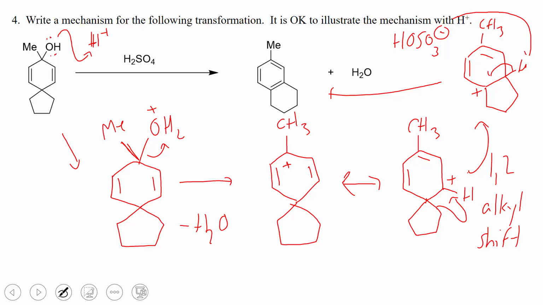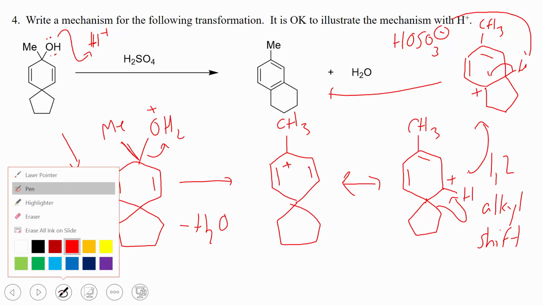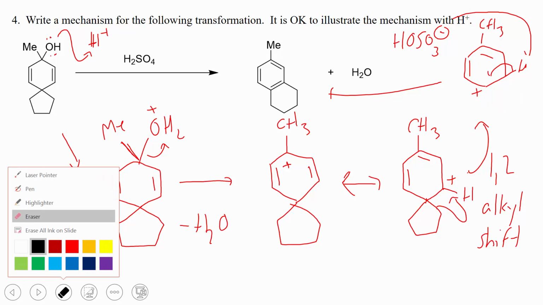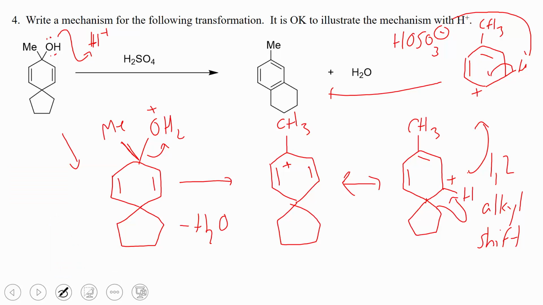Okay, so you need to show this protonated alcohol, you need to show the first carbocation in its resonance form, you need to show the ring expanded carbocation. Oops, sorry, I didn't draw the right ring size there. Let me modify that last one.